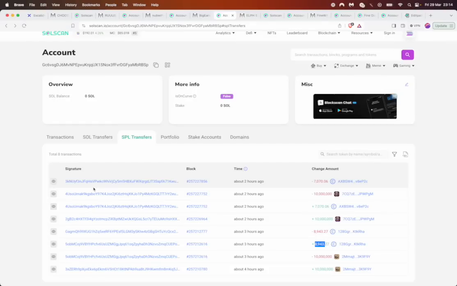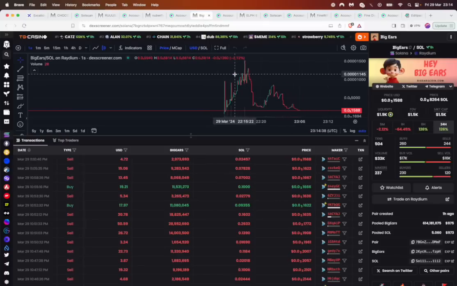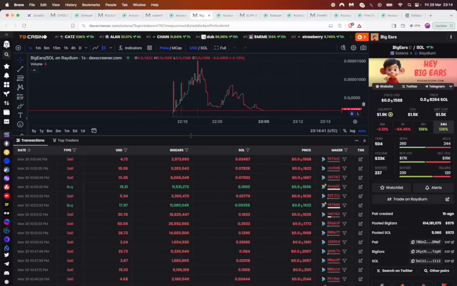Well, remember, if the developer doesn't burn everything, then they still control some of the LP tokens, and they can still dump the LP tokens. And sometimes Dex Screener doesn't catch it. Sometimes Dex Screener says total locked liquidity 100%, when it's actually like 50%.